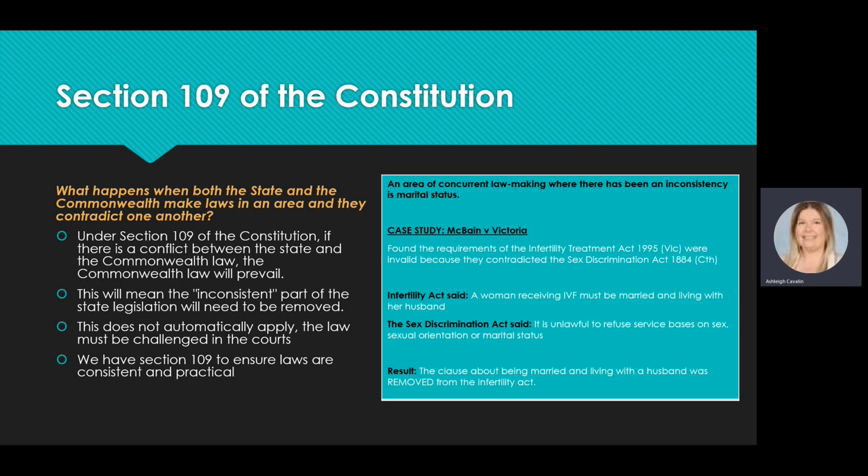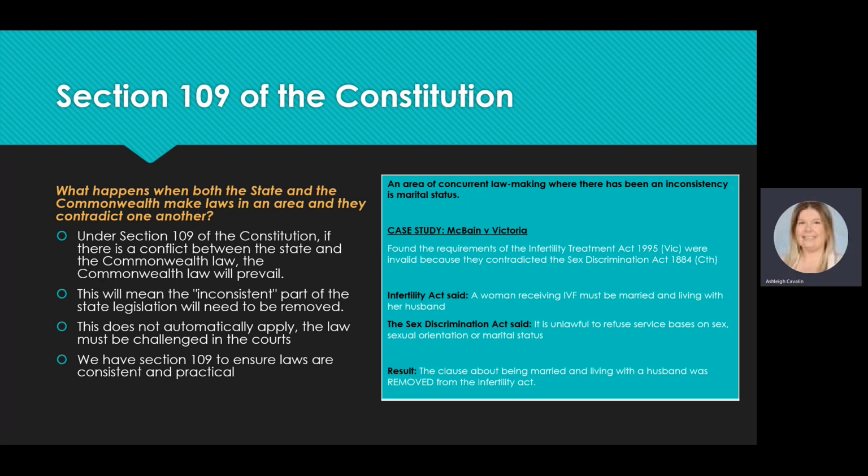So we have Section 109, and under Section 109 of the Constitution, if there is a conflict between the state and the Commonwealth laws, the Commonwealth law will prevail. This will mean that the inconsistent part of the state legislation will need to be removed or declared invalid. However, this does not automatically apply. The law must be challenged in the courts for Section 109 to apply.